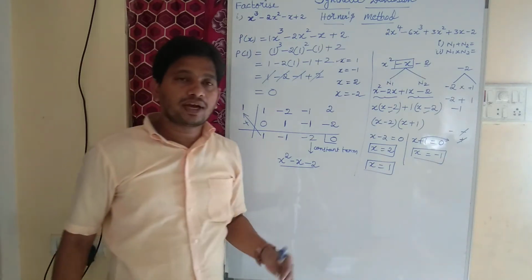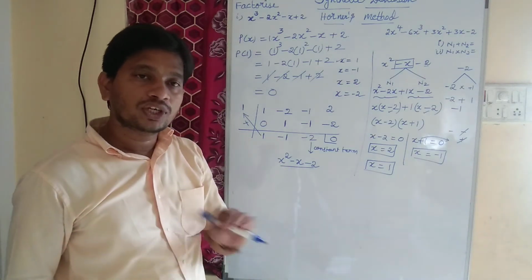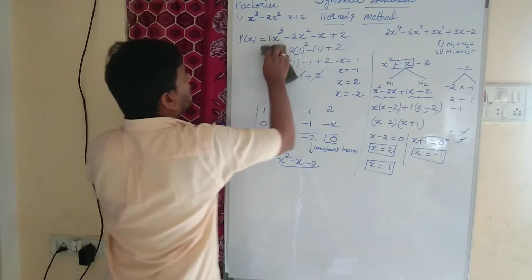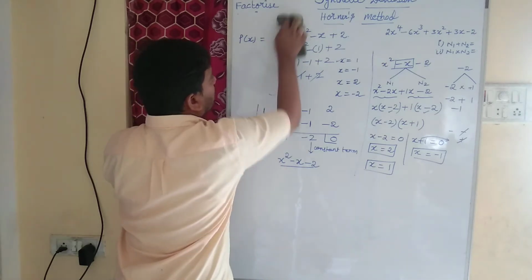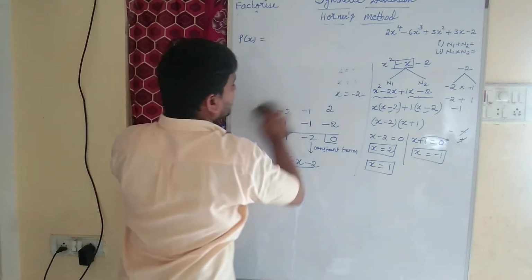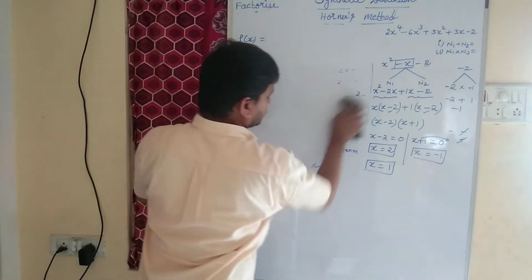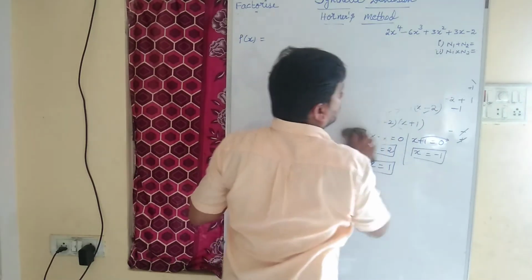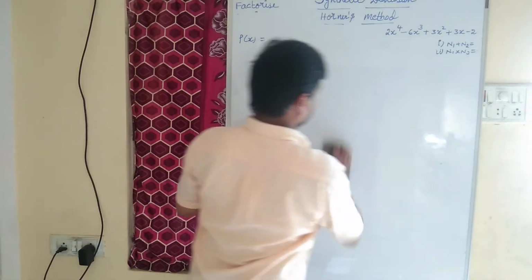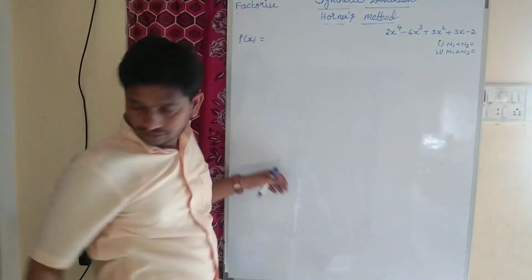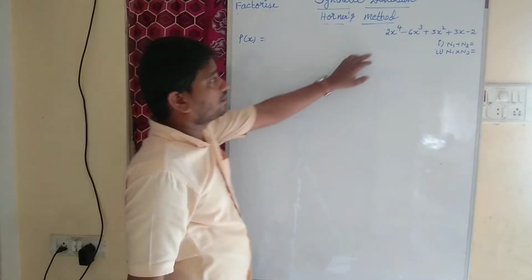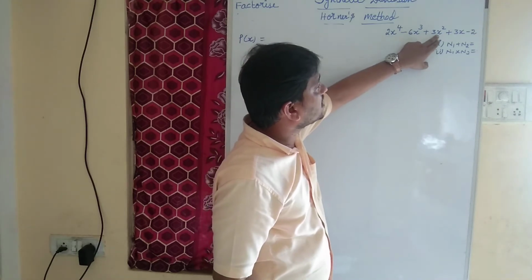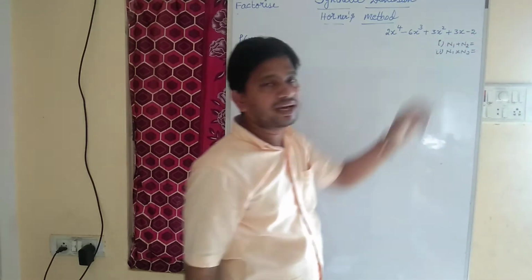Okay. In a similar manner, we can also find zeros of a biquadratic polynomial. What do you mean by a biquadratic polynomial? A polynomial whose degree is equal to 4 is said to be a biquadratic polynomial. Consider a polynomial p of x is equal to 2x power 4 minus 6x cube plus 3x square plus 3x minus 2.